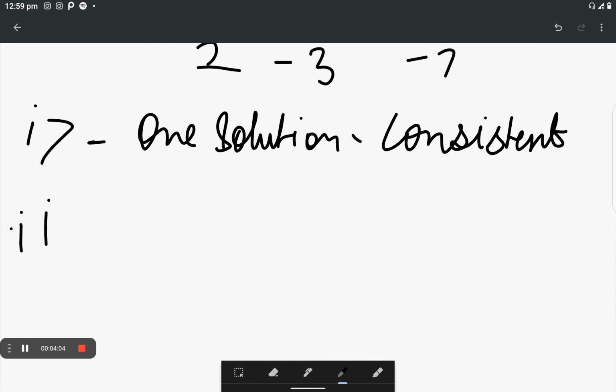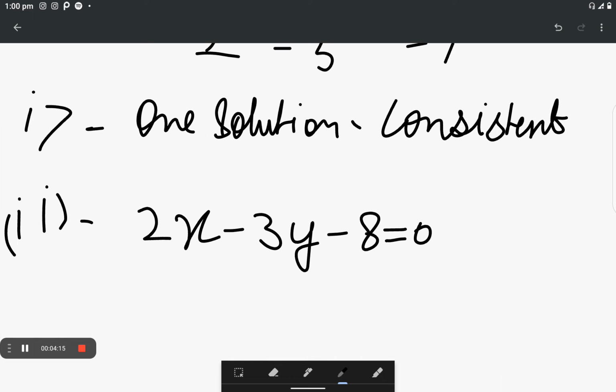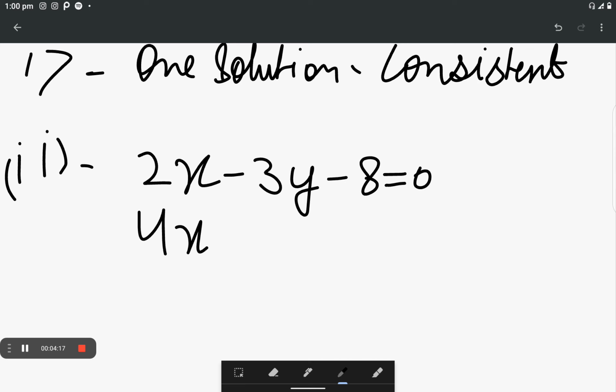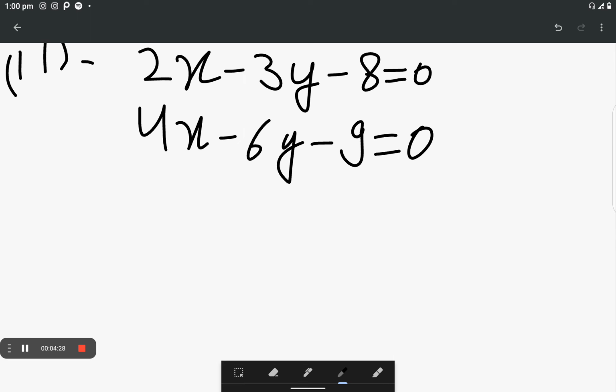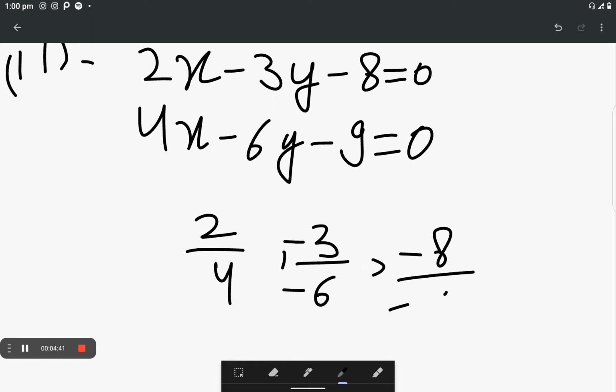Now the next part, 2x minus 3y minus 8 equals 0, 4x minus 6y minus 9 equals 0. Let's compare the ratios of A1 upon A2, that is 2 upon 4, B1 upon B2, that is minus 3 upon minus 6, C1 upon C2 is minus 8 upon minus 9.